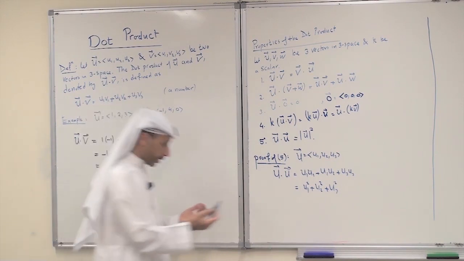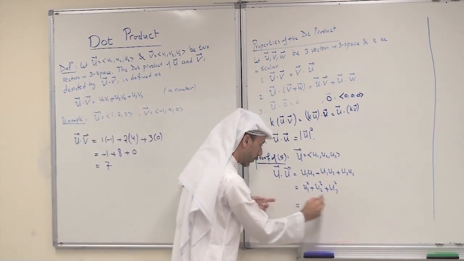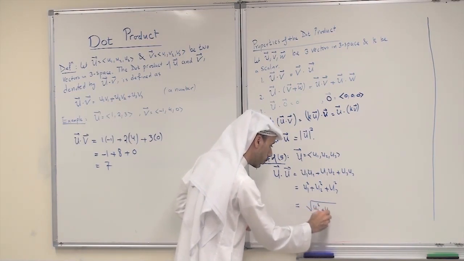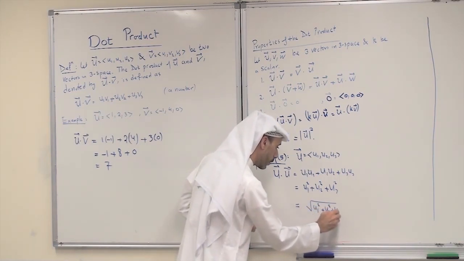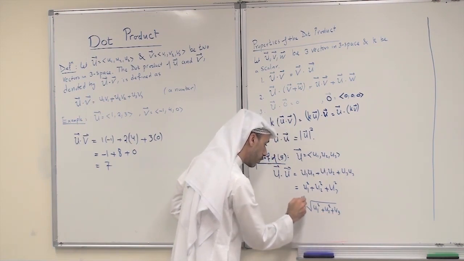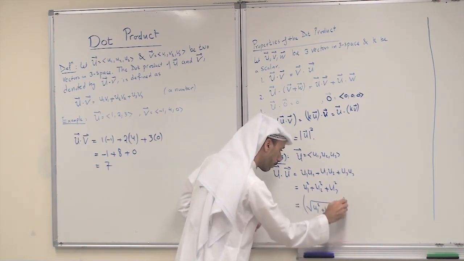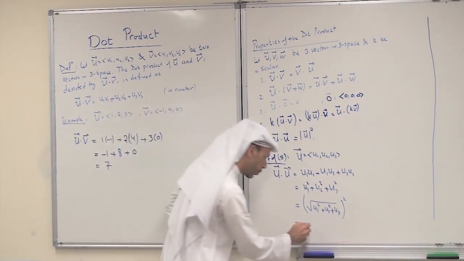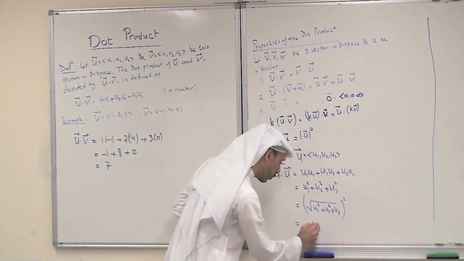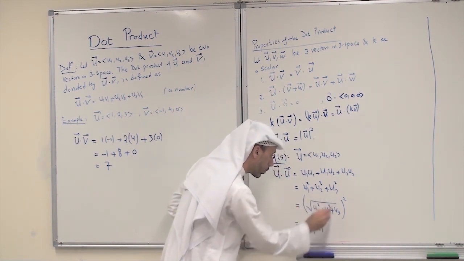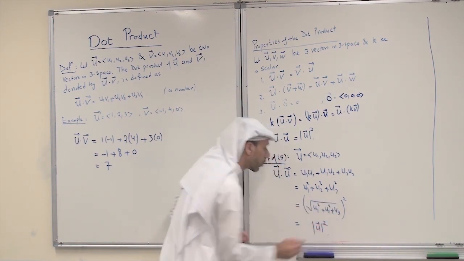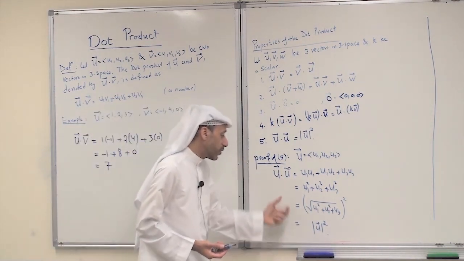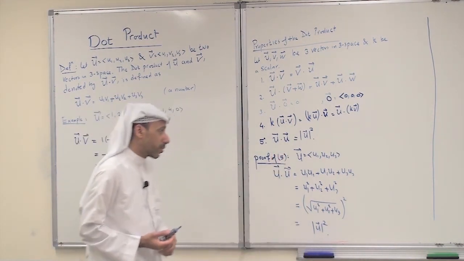And this is just the square root of U1 squared plus U2 squared plus U3 squared, all squared. But the square root is just the magnitude of the vector U. So this is the proof. So U dot itself is just the magnitude squared.